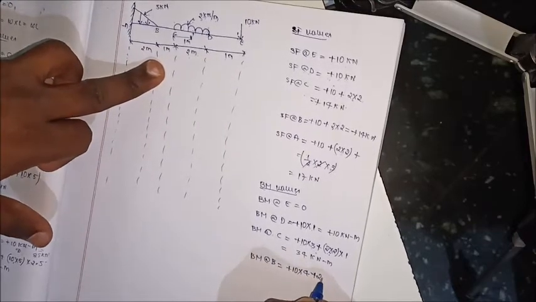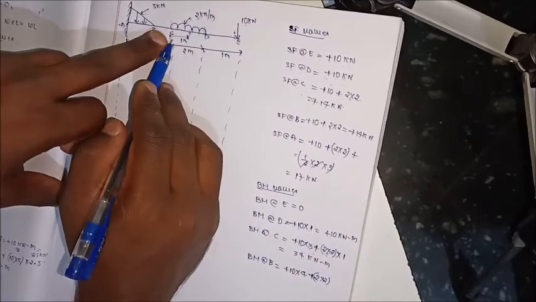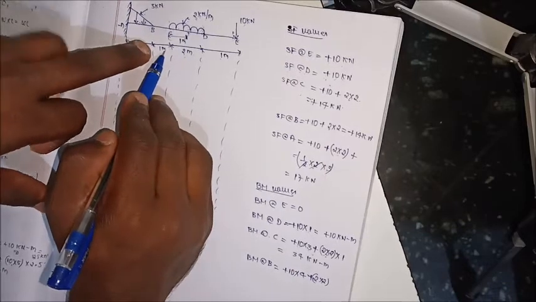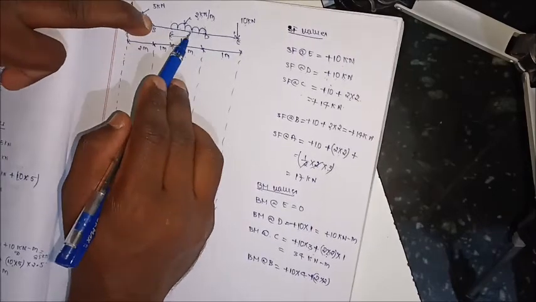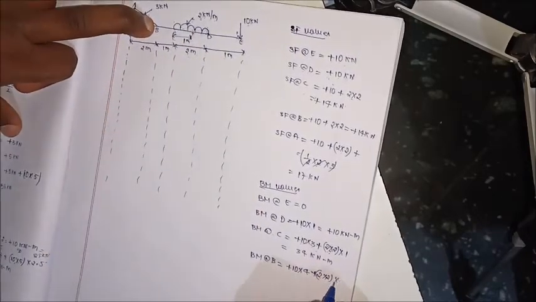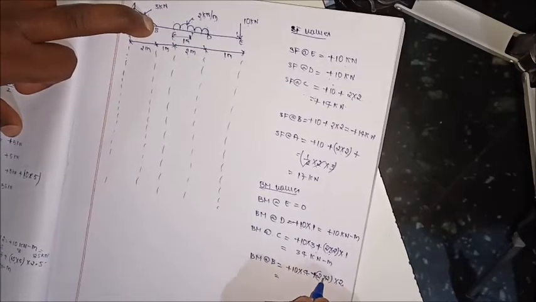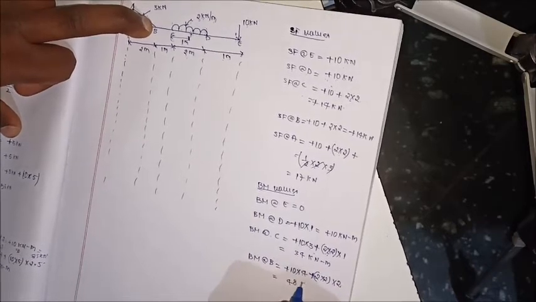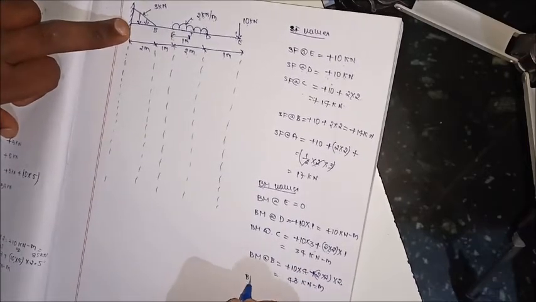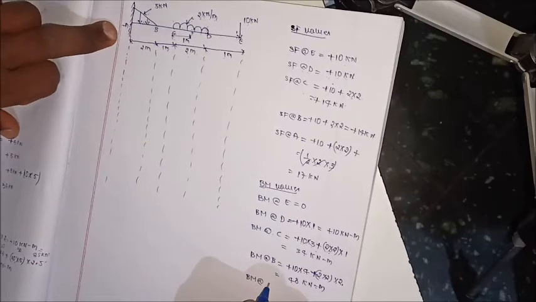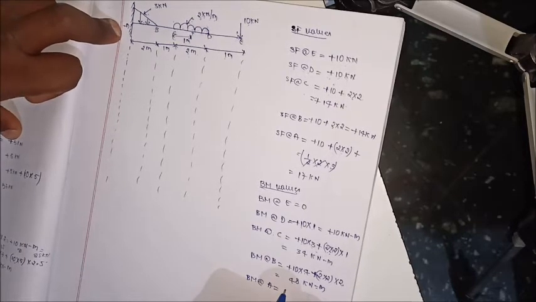Then add 2 into 2, the UDL point load, whose perpendicular distance is 1 meter from here to here plus 1 meter from C to B, so 2 meters. The total bending moment is 10 into 4, which is 40, plus 2 into 2 into 2, which is 8, so 48 kilonewton meters. This is the bending moment at B. Next, bending moment at A. The bending moment at A is force into their perpendicular distance.